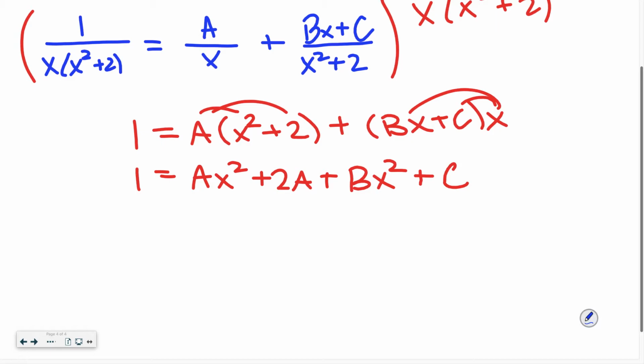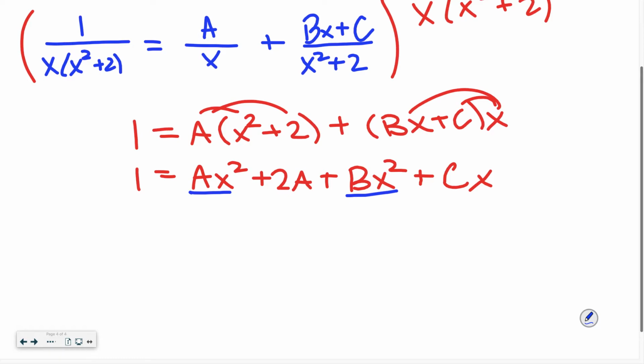Wait, isn't it CX? Yeah. Making sure you're paying attention. Okay. On the left, we have 1. On the right, we better have 1. So, ax squared plus bx squared.